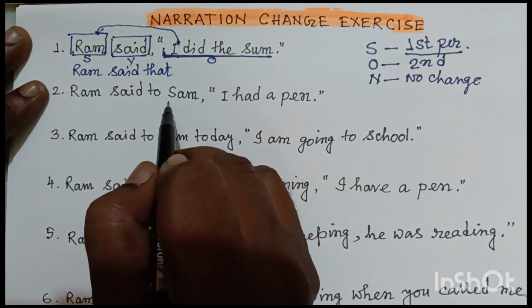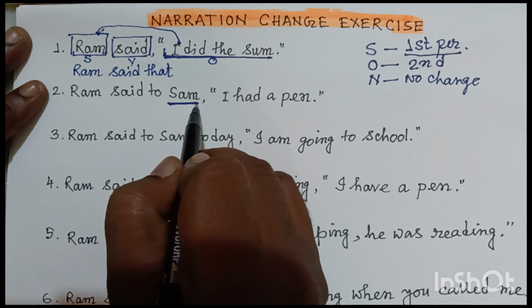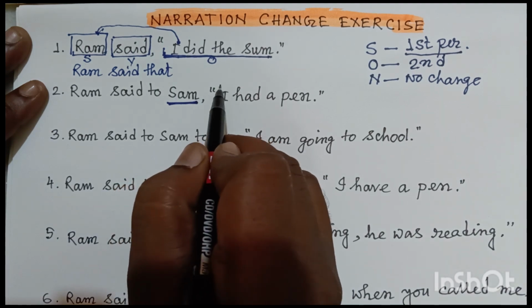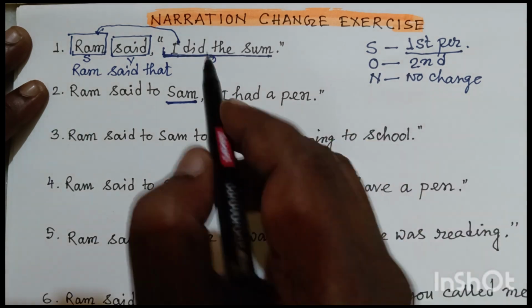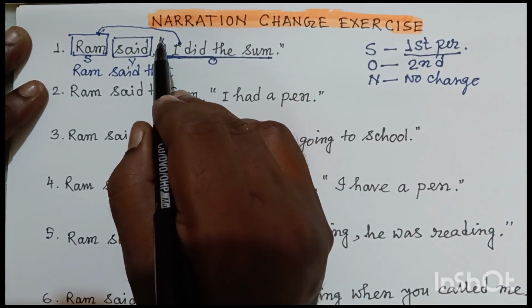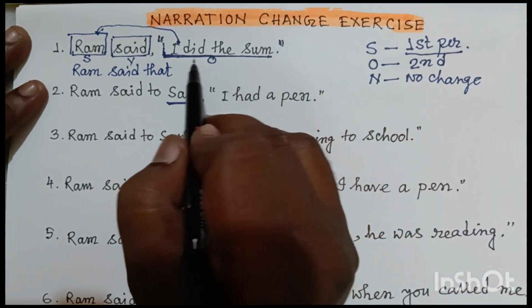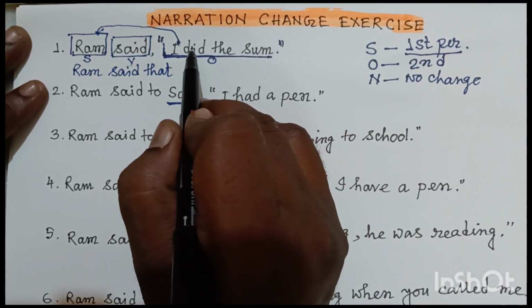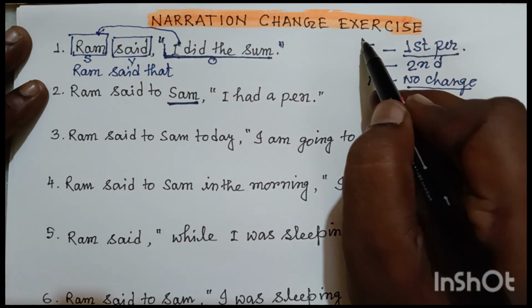Here you can see in the second sentence, this is the object. That means according to this object, the second person of reported speech will be changed. And if within this inverted comma, which is called reported speech, there is third person, then no change. This is the acronym SON.